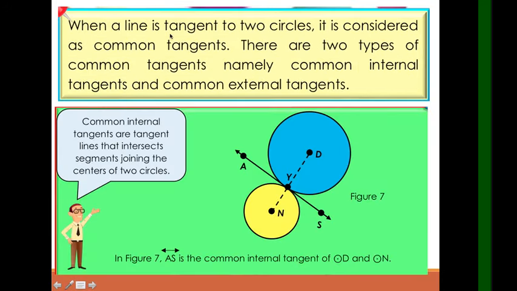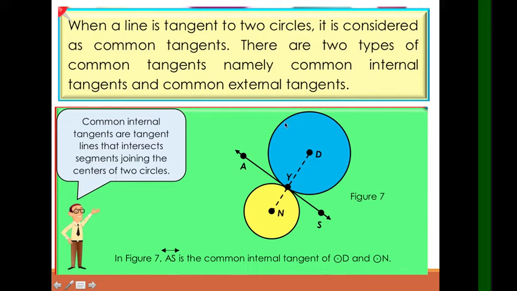Now, when a line is tangent to two circles, it is considered a common tangent. There are two types of common tangents, namely common internal tangents and common external tangents. So we will talk first about the common internal tangent. Common internal tangents are tangent lines that intersect the segment joining the centers of two circles.